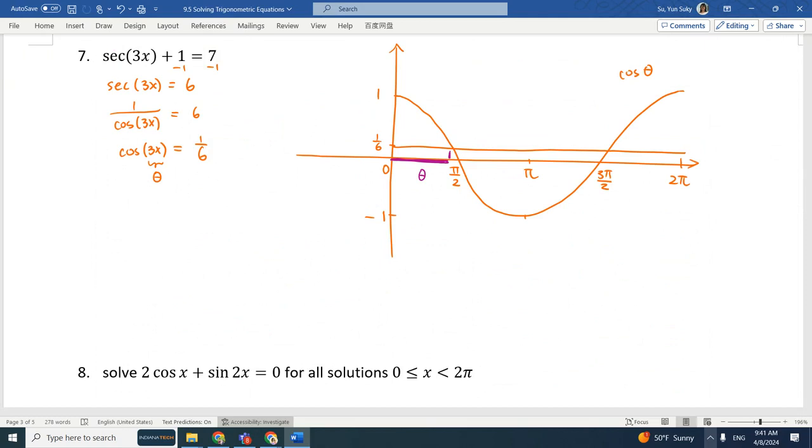So here, theta is, because cosine theta is 1 over 6, and because 1 over 6 is positive, the theta is in the first quadrant, right? So theta is then inverse cosine of 1 over 6. Yes, everybody? Inverse trig function. Apply an inverse cosine on both sides. Theta is inverse cosine 1 over 6. Tell me what this is.